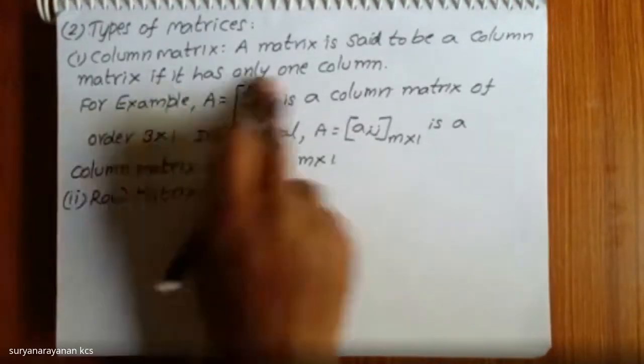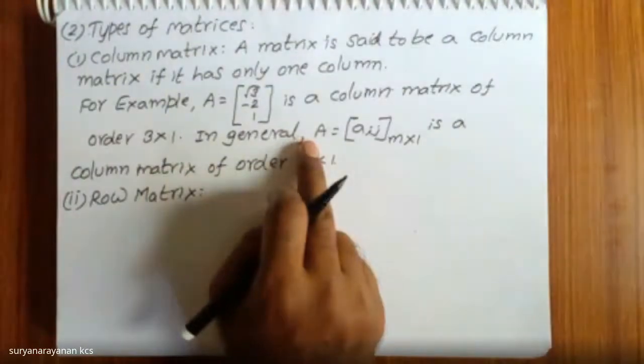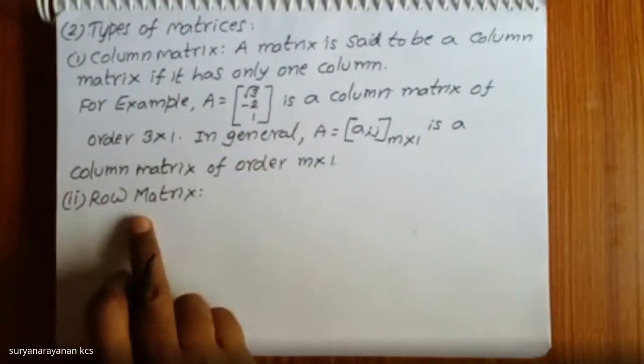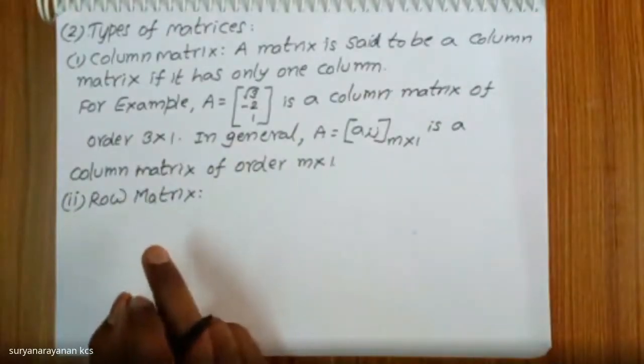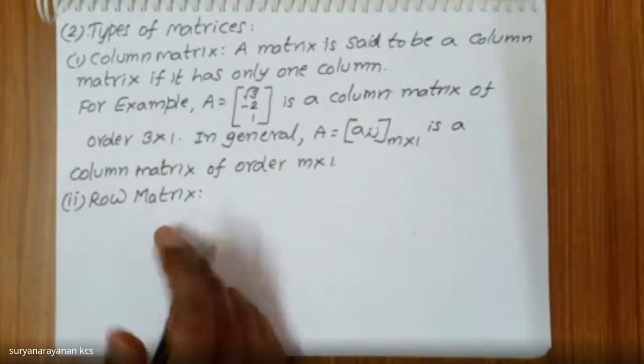What is a column matrix? If one and only one column is there, then the matrix is said to be a column matrix. Similarly, if one and only one row is there, then the matrix is said to be a row matrix.